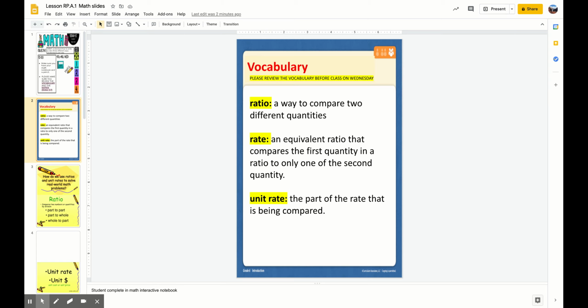Right now, I just want you to think about these 3 terms and what they might mean to you. What are ways that you could describe a ratio in the real world? I'll give you about 20 seconds to think about it.